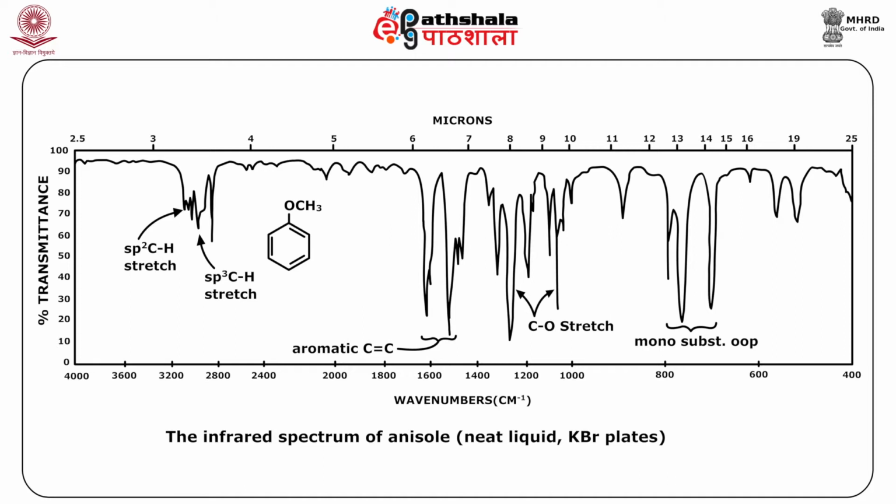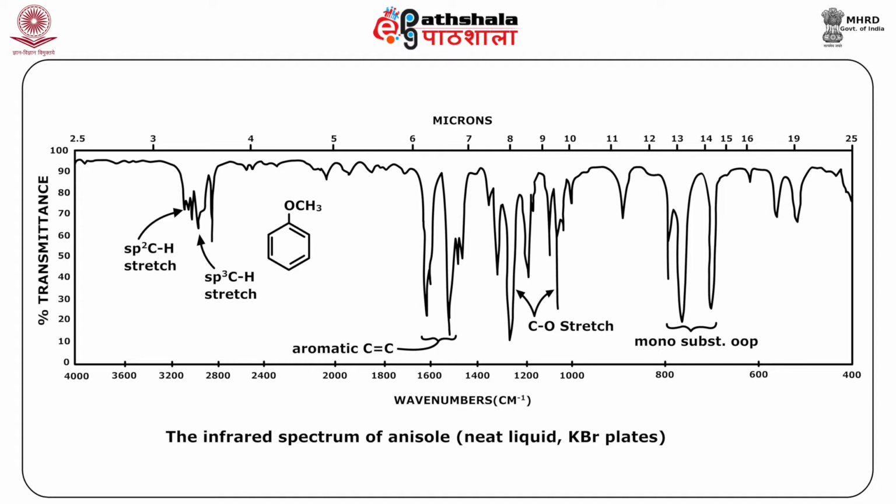The resonance involved in the phenyl ring increases the bond order from single to partial double bond, and so higher the force constant and thus higher the absorption frequency. This has been explained to you in the earlier module when we were discussing Hooke's law.